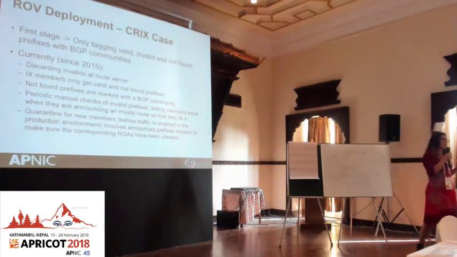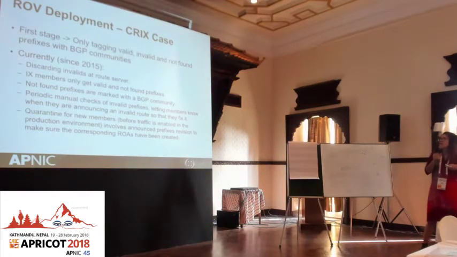So they are also promoting RPKI to be used. And they do manual checks of invalid prefixes to check if it's a hijack or a misorigination of a prefix that is being detected, or if it's a ROA that was created with the wrong information.